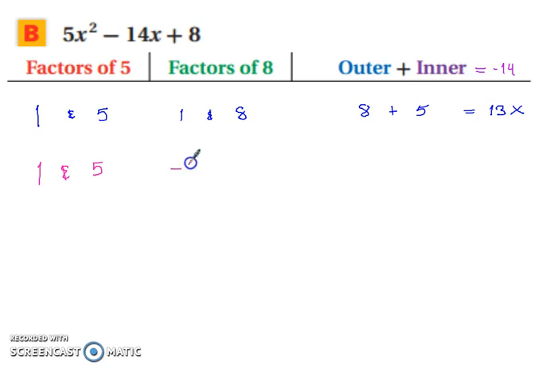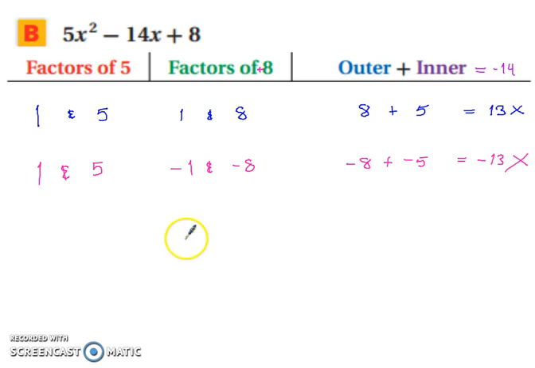And let's try saying negative 1 and negative 8, because negative 1 times negative 8 is still going to give us a positive 8 here, but might help us get this negative we're looking for. So once again, we have our outer, so that's going to be negative 8 plus negative 5. Well, now we have a negative 13, not quite negative 14, so that's not going to work.